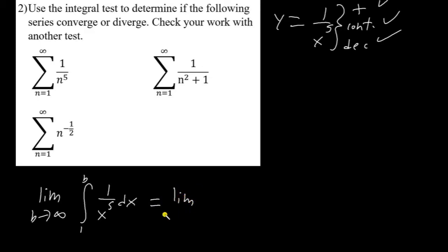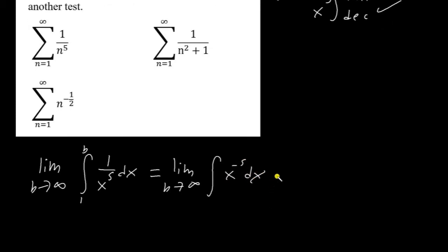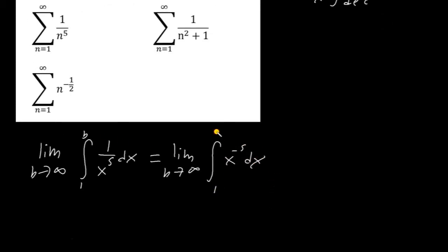So the way we will do that is as follows. First we'll write this as x to the negative 5 dx, from 1 to b. Then we increase the exponent by 1, so we'll get negative 4, and then divide by that, so we'll be dividing by negative 4 as well.